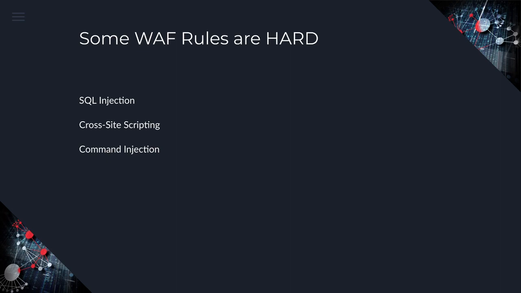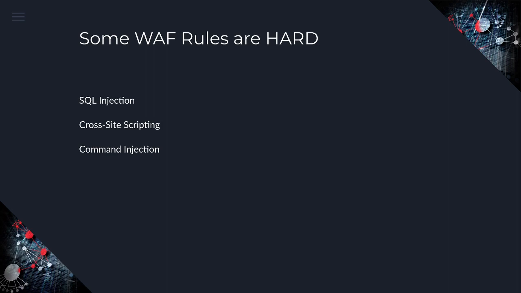These hard WAF rules are where you end up with a lot of your false positives, and where you spend a lot of your time tuning a WAF in order to reduce the false positives, so as not to block legitimate users' legitimate requests, and to reduce the amount of false negatives, where you say that a request is okay but it's actually malicious.